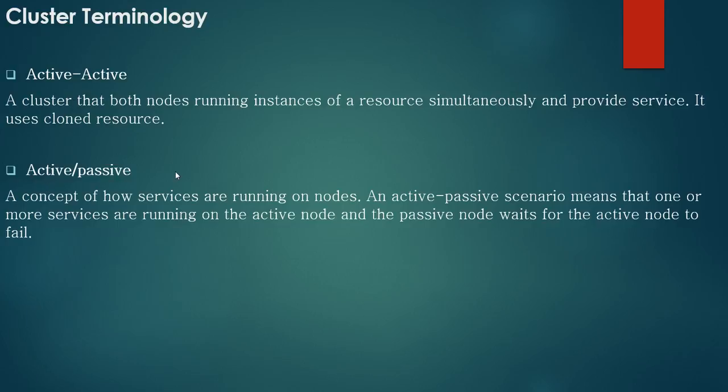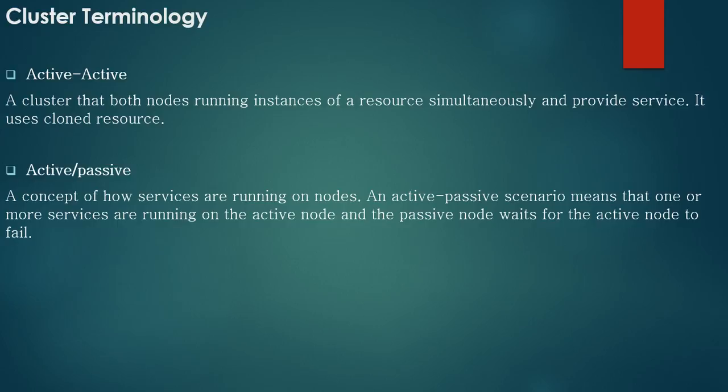The other one is active-passive. Active-passive is nothing but, out of two nodes, we run resources, and those resources are primarily running on one node at a single time. For example, if you're running node 1 and node 2, everything is running on node 1, and node 2 acts as the standby or failover node.